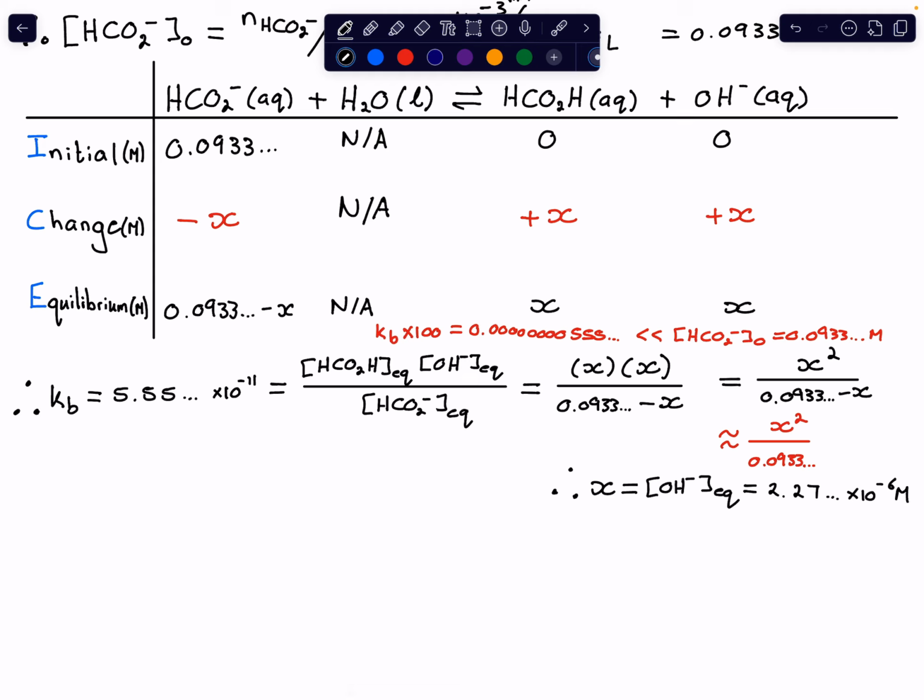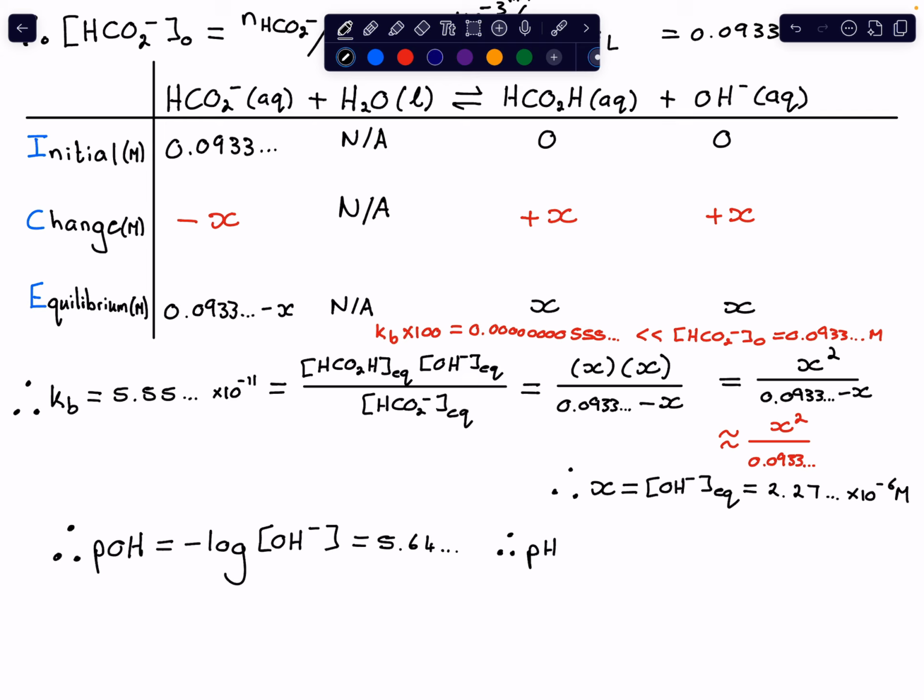All right, and because we know the hydroxide ion concentration at equilibrium, we can calculate the pOH, which is equal to negative the log of the OH concentration. I know I never write the equilibrium here, but it's implied. This gave me a value of 5.64, etc. And from that, we can get the pH, because pH plus pOH is 14.